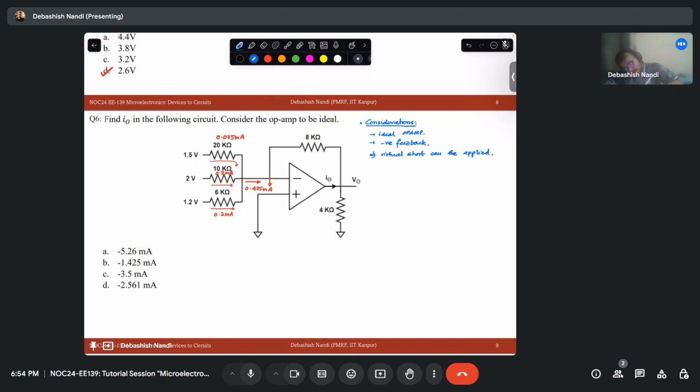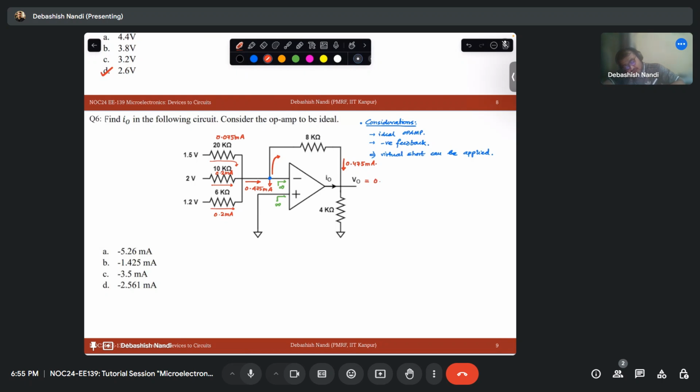Now if you apply KCL at this node, what is the input resistance looking into this? Input resistance is infinity, right? That means we can simply assume it as an open circuit, so all the current will flow through this path. What is the current flowing through this path? It is 0.475 milliampere. If that is the current flowing, what will be your V0?